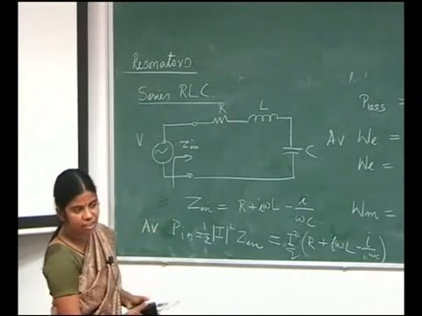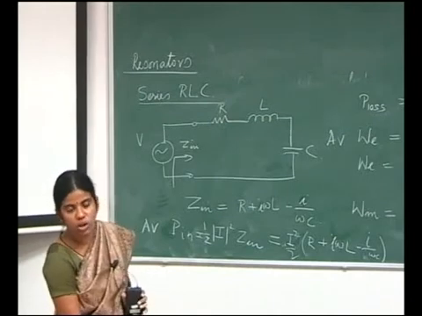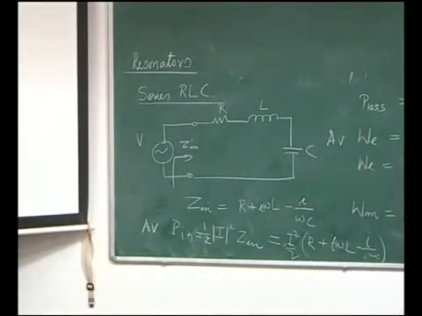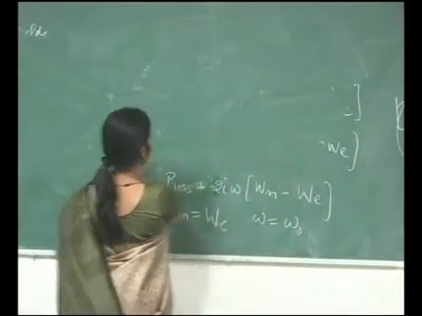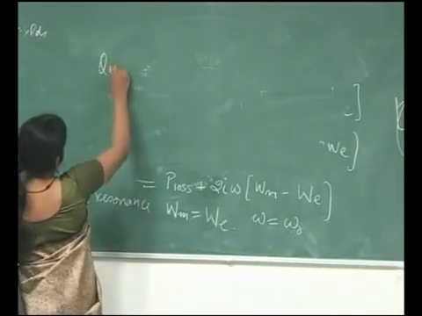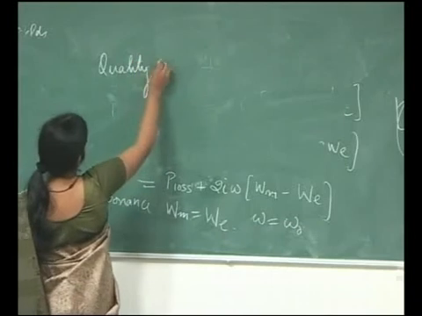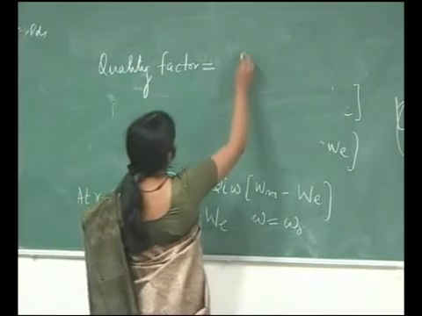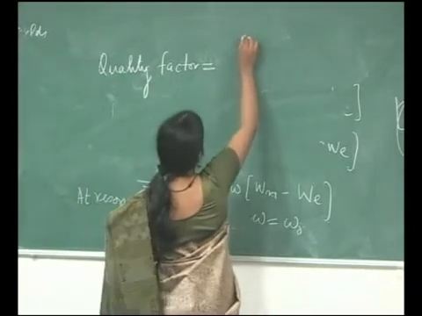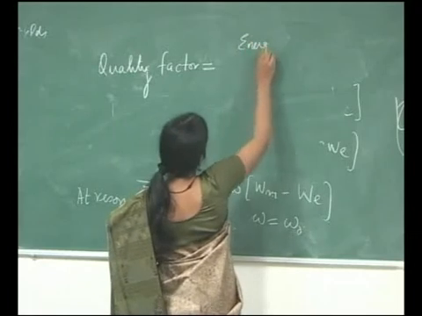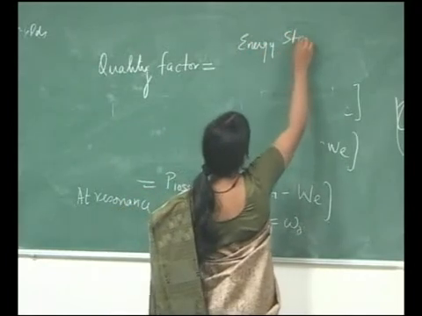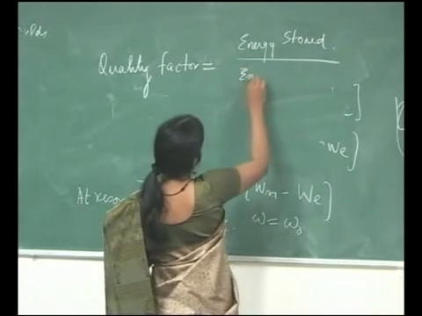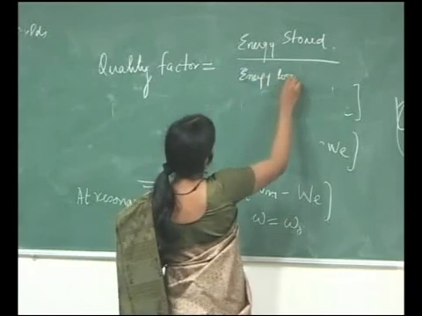How efficient your resonant circuit is depends on a term called quality factor of the resonator, and this quality factor is equal to omega times energy stored divided by energy loss per cycle.